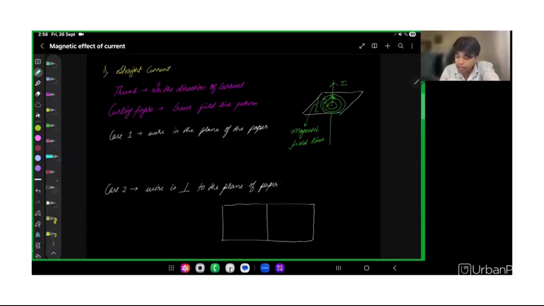In the first part, this dot means the current is coming outside of the paper. So if it is outside, point your thumb outside and rotate it, and the magnetic field will be in the anti-clockwise direction. ACW is anti-clockwise. Anti-clockwise concentric circular field lines.